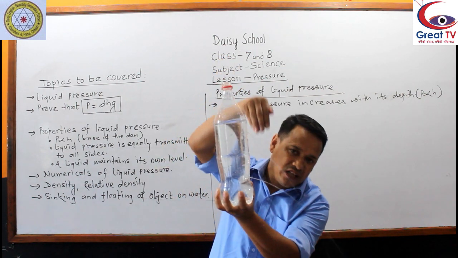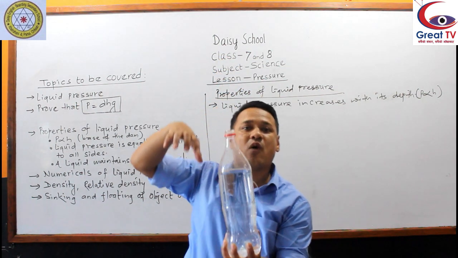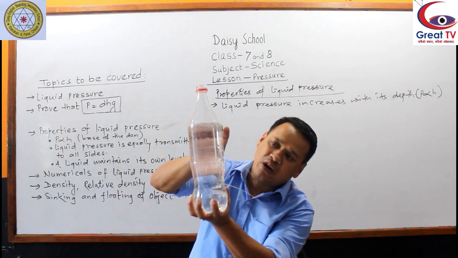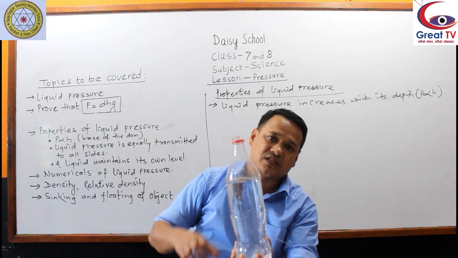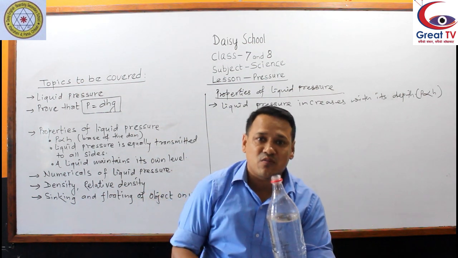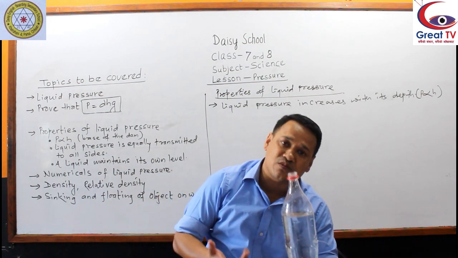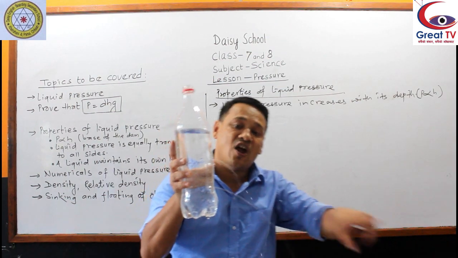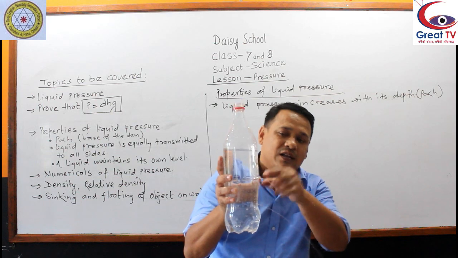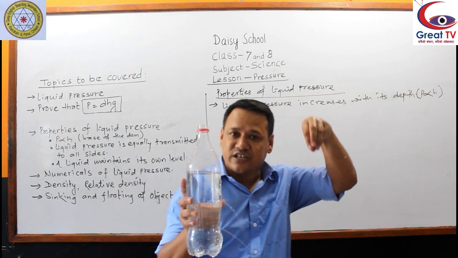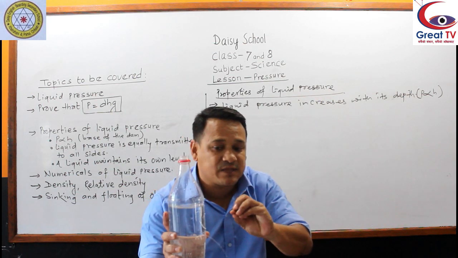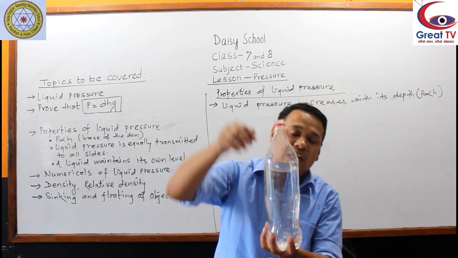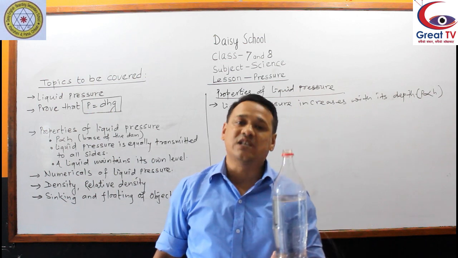That means when the depth increases, more water is exerting pressure. Due to more mass, there is more force, and when the force is more, pressure is also more. From the top hole, less mass of water exerts pressure, so there is less pressure.